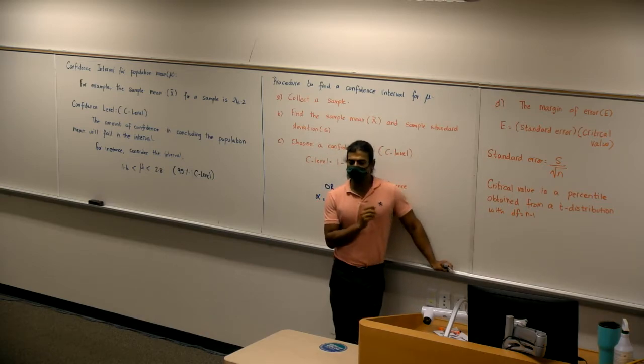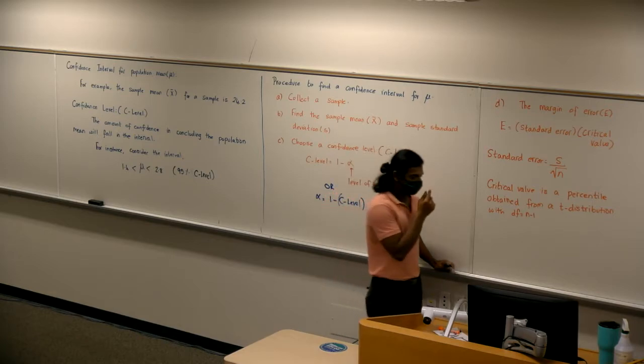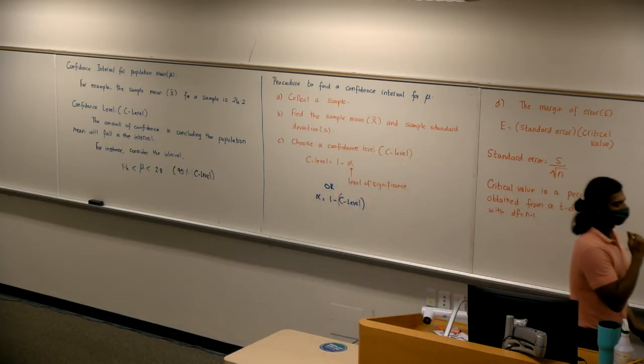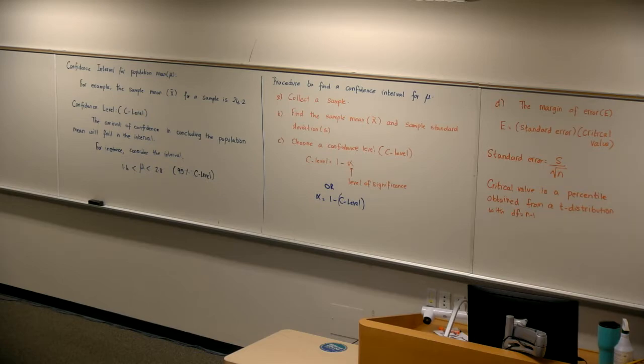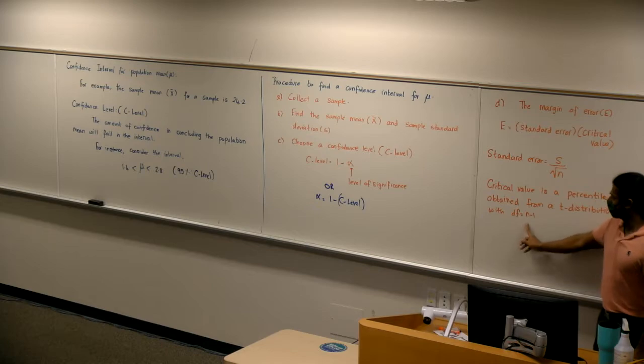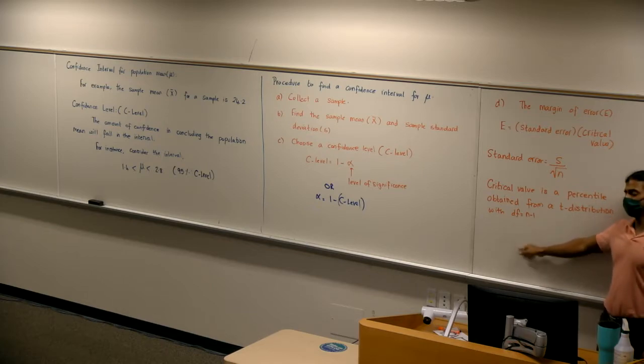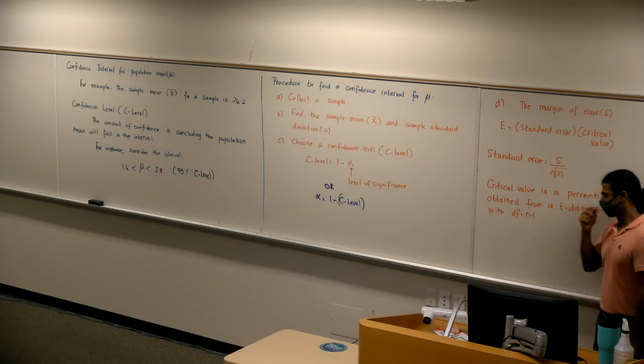The critical value is a percentile obtained from a t-distribution with degrees of freedom equals n minus 1. Last time I showed you how to find percentiles with a normal distribution. Now it's a different distribution, it is called a t. I'll get into that too. But the key here is the degrees of freedom, which is n minus 1.